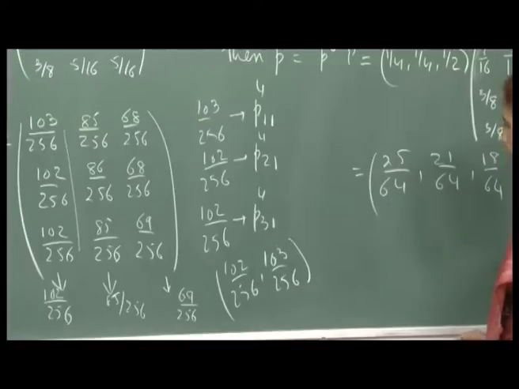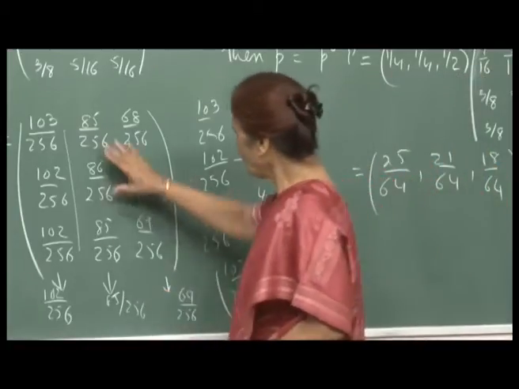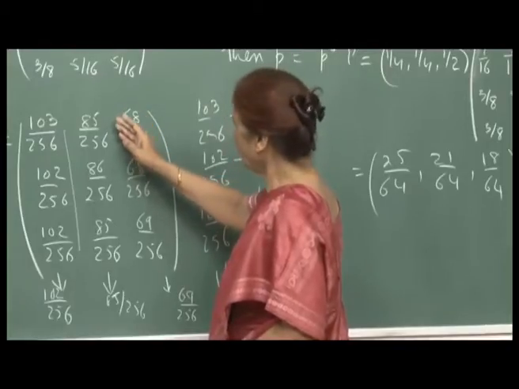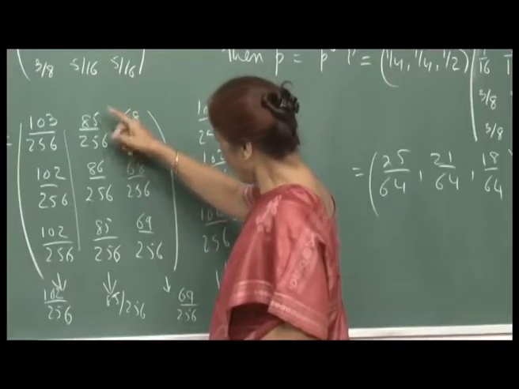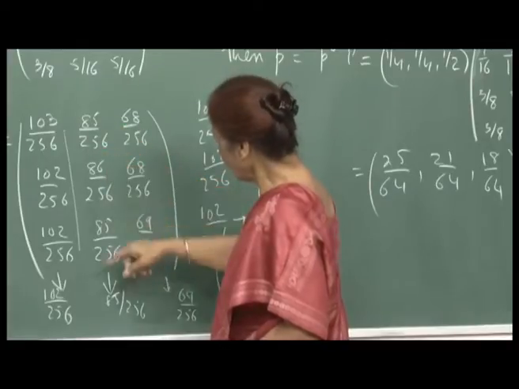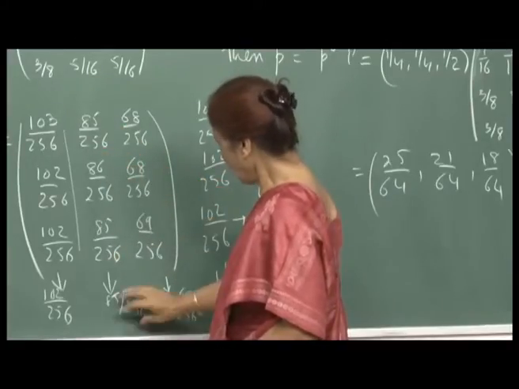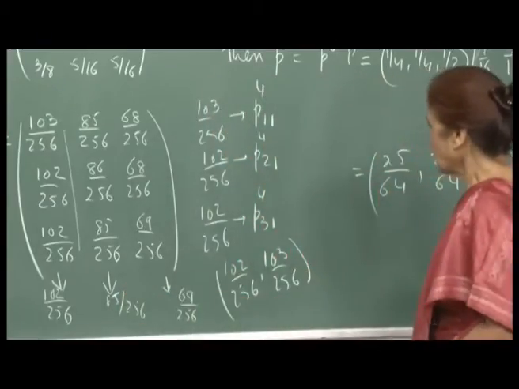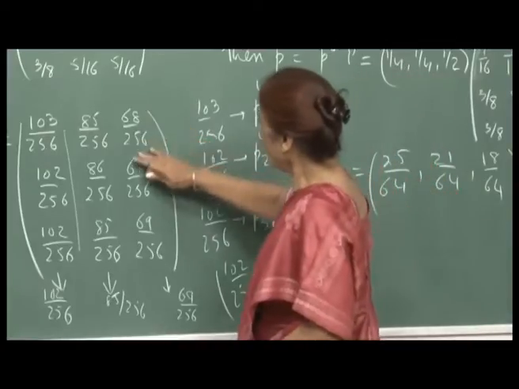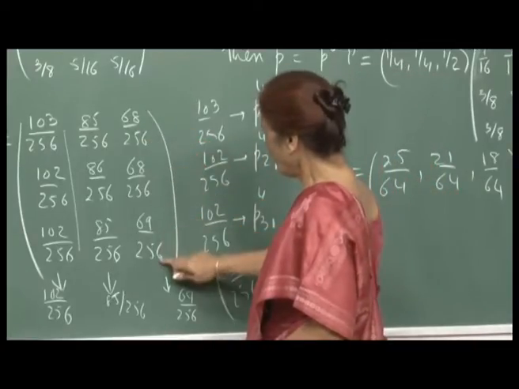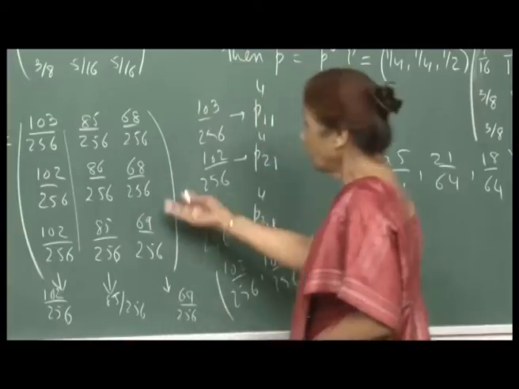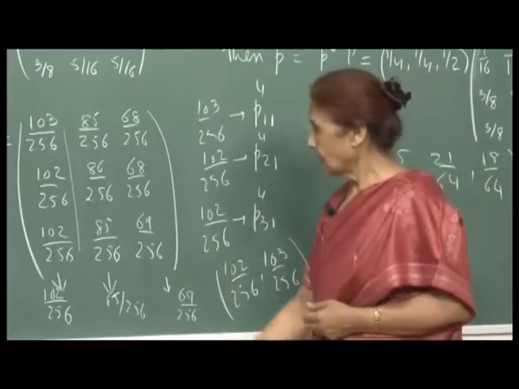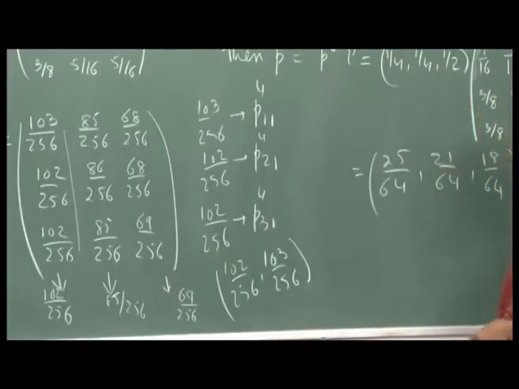Similarly, here I can say the probability of being in state 2 after 4 transitions is in the interval 85 upon 256 and 86 upon 256, which is a very small interval, a difference of 1 upon 256. Similarly, here it will be 68 upon 256 and 69 upon 256. If you take the fifth power, then certainly you will see that the numbers are converging, and we will talk about this formally.